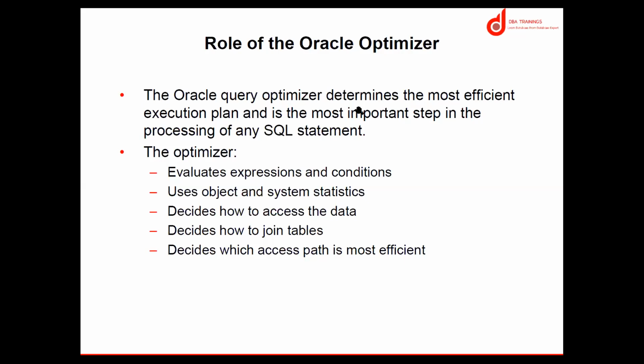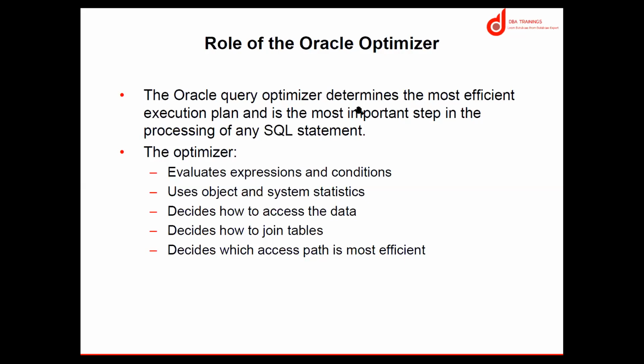The optimizer will do statement transformation. Suppose the query you have written is complex, like correlated subqueries, or you have used a view. Then the optimizer will transform them into an equivalent join statement. Internally this is happening.